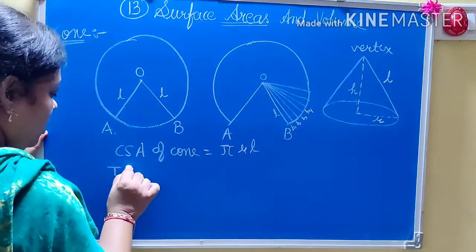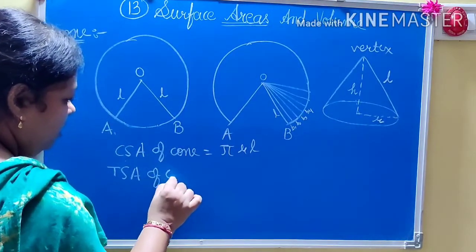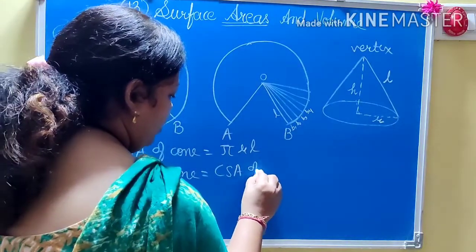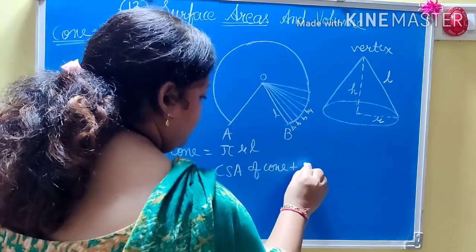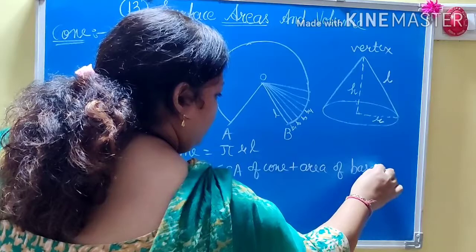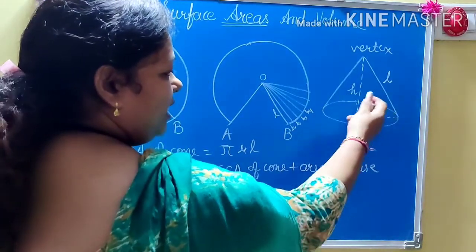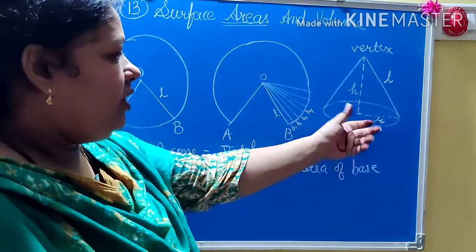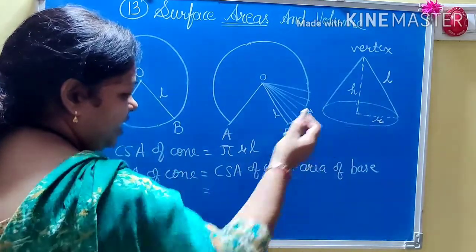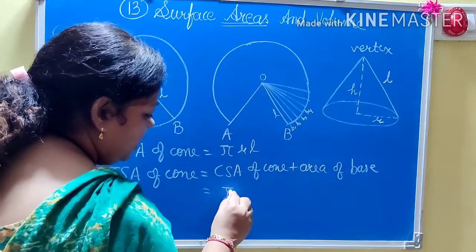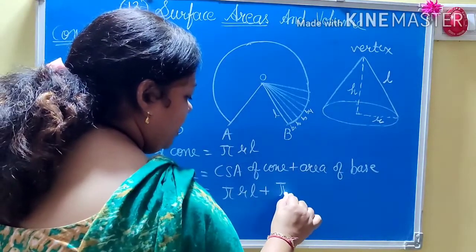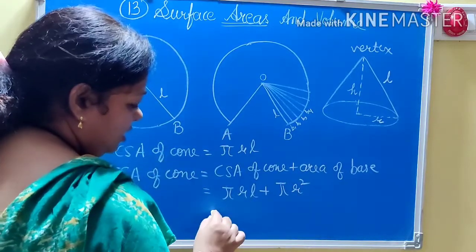Now try to find the TSA of the cone. The TSA of a cone is the CSA of the cone plus the area of the base. The base is a circle of radius r, so its area is pi r squared. So the TSA is pi r L plus pi r squared.